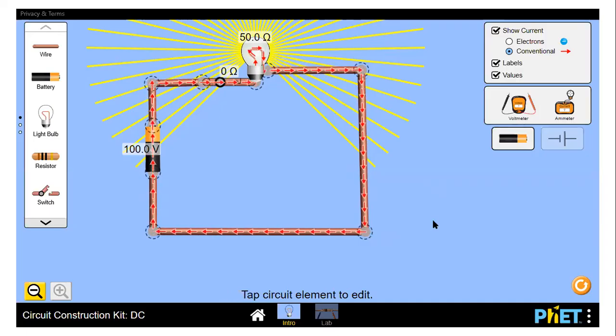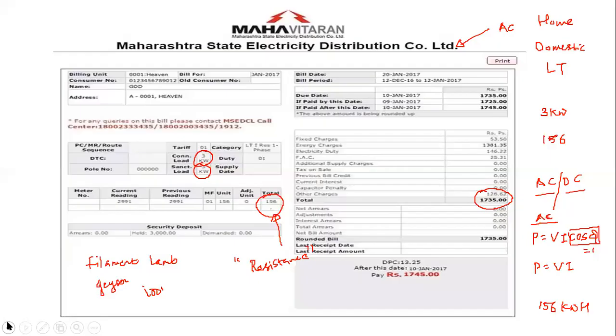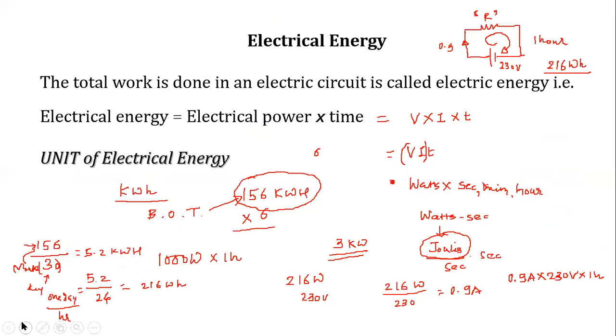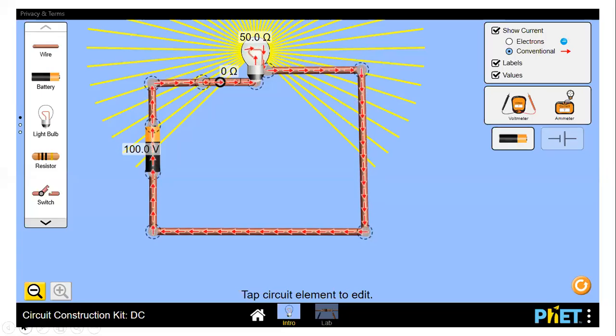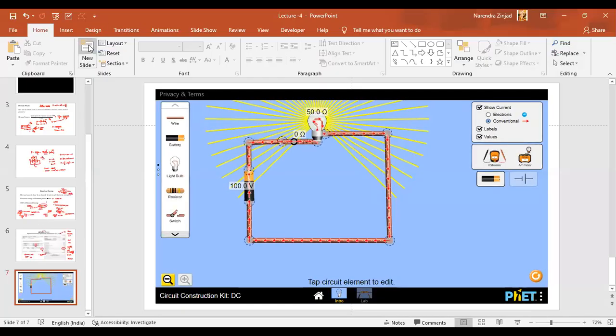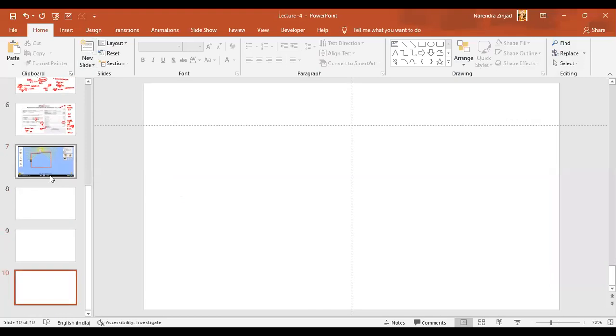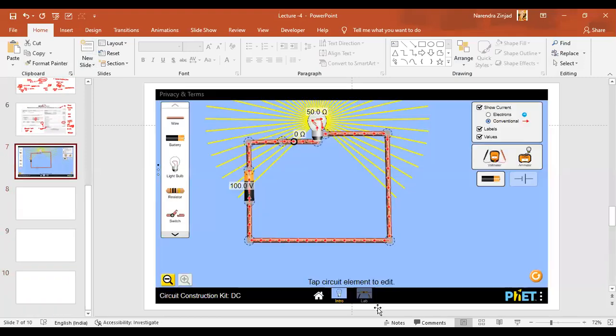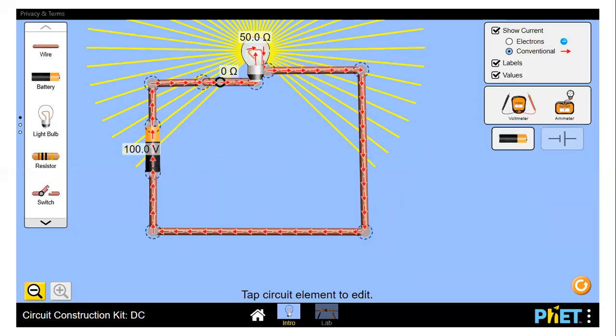We'll solve the circuit. Okay, now we can solve this.